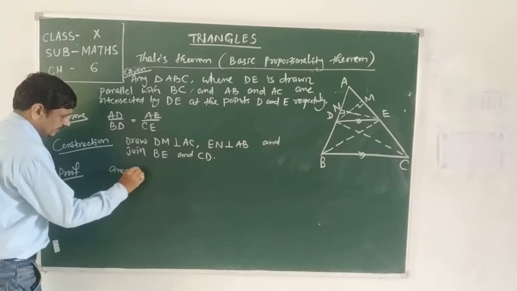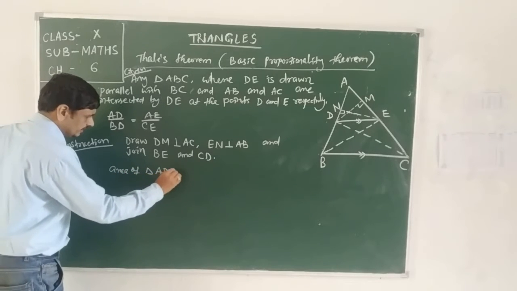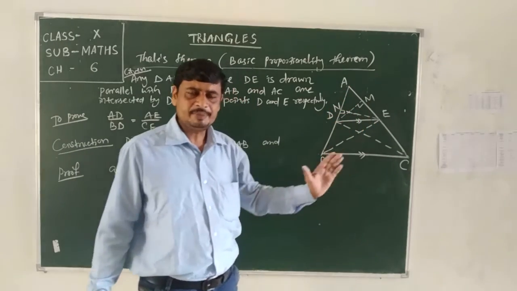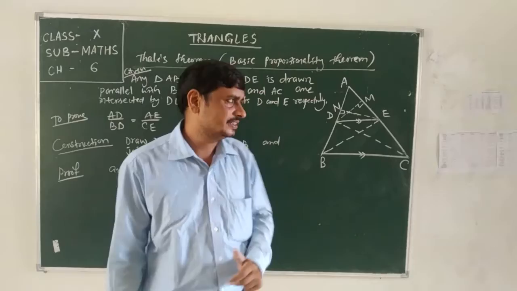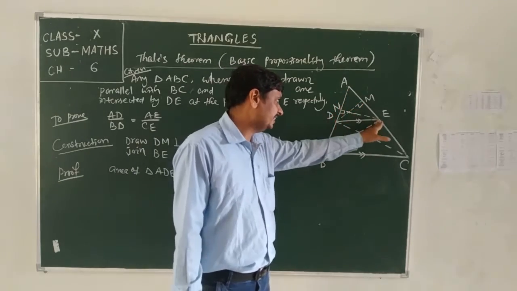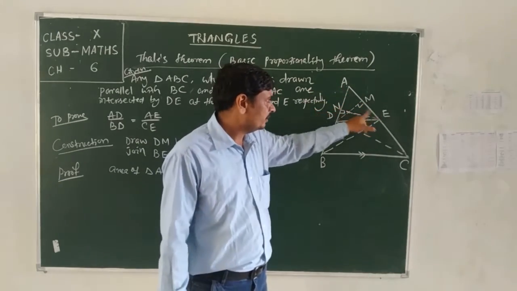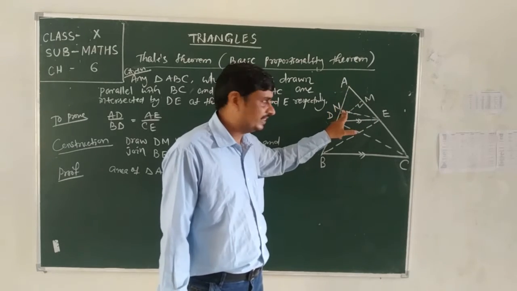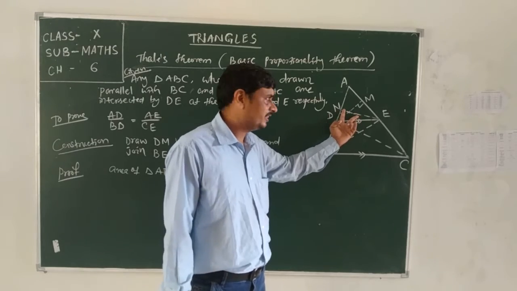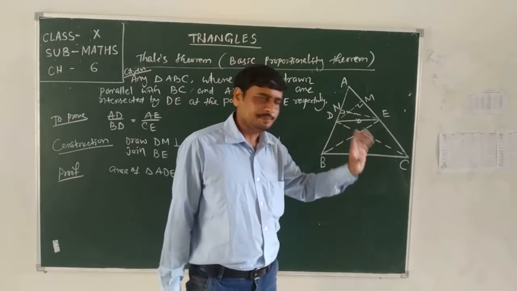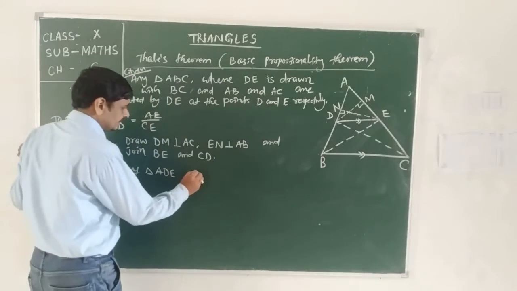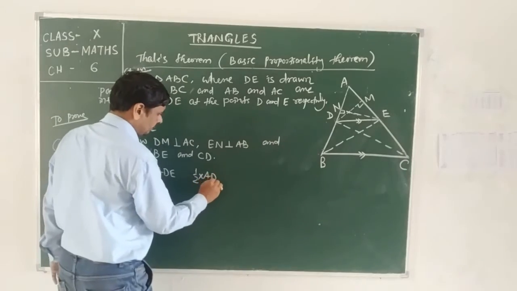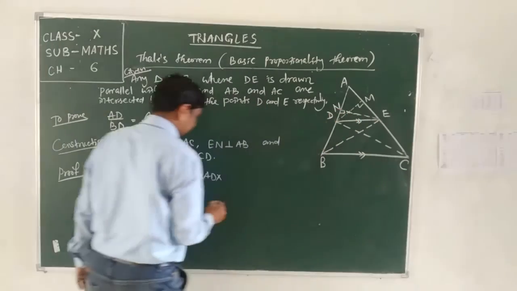Area of triangle ADE: we know the area of any triangle is half into base into height. If we take this triangle with base AD, then EN will be its height, since EN subtends 90 degrees on AD. That is half into base AD into height EN.